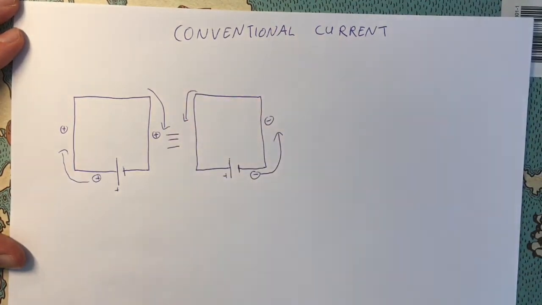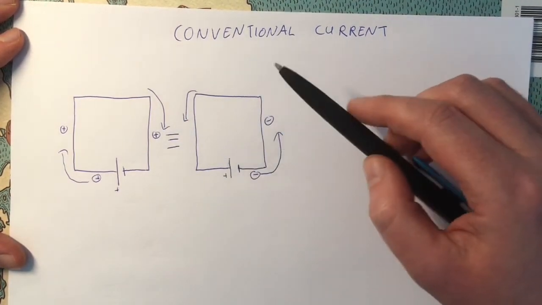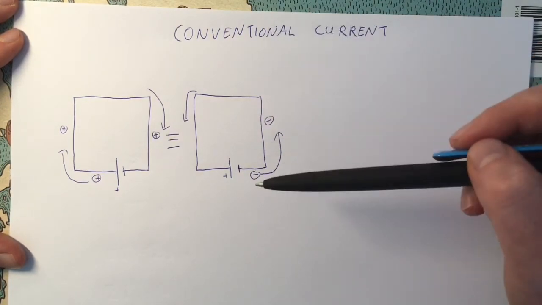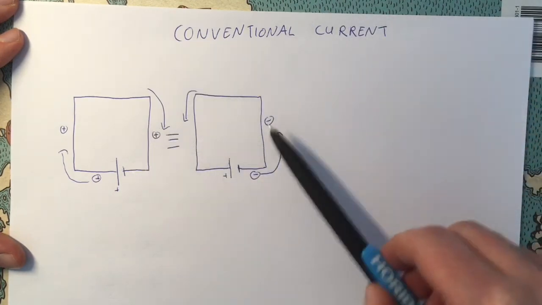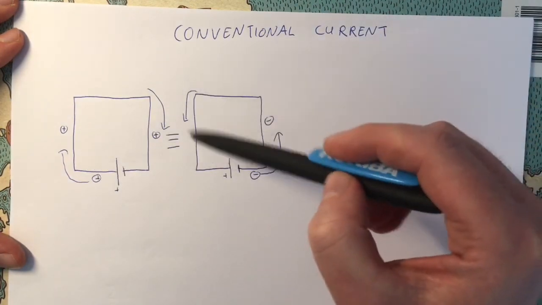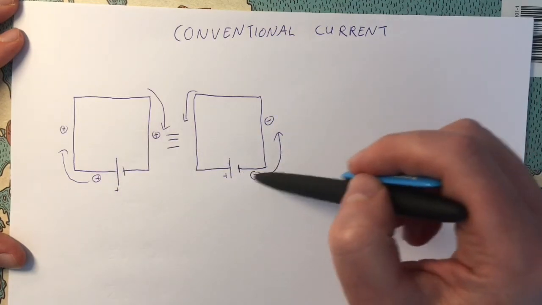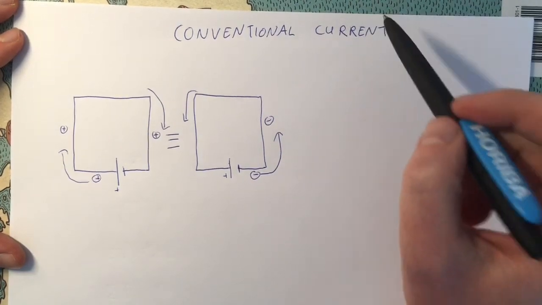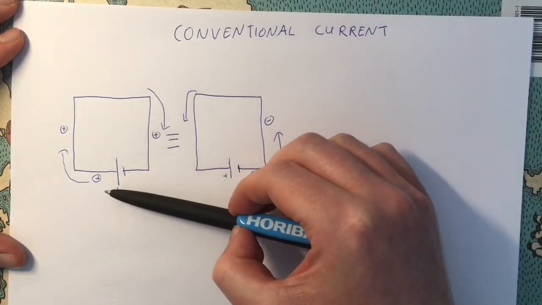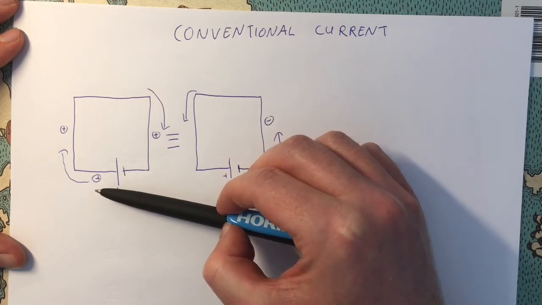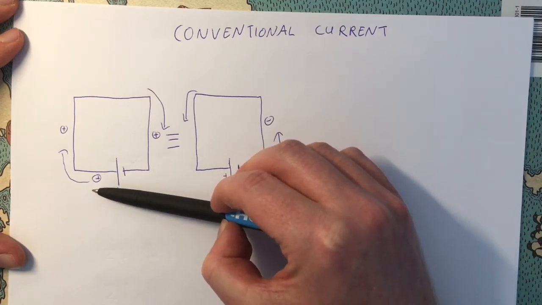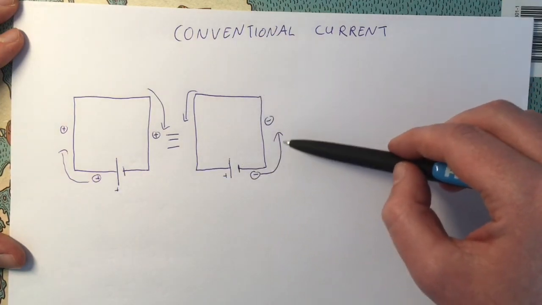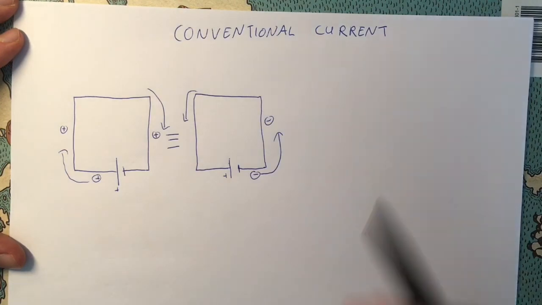So these two cases are equivalent, and there isn't really any system that you're looking at where thinking about positively charged particles flowing in the opposite way to electrons makes any difference. But you just have to remember that when we're talking about conventional current, this comes from the idea of the direction that positively charged particles would take, where we actually have electrons flowing around an electrical circuit.